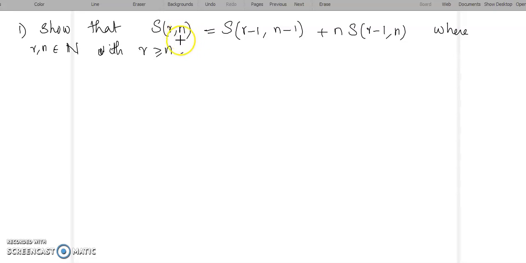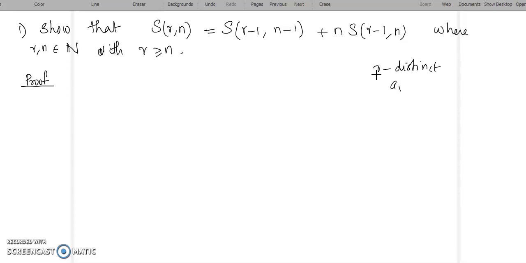So let us see the proof for this. You have r distinct objects. Take A1 to be a particular object. When we distribute, there can be two cases.